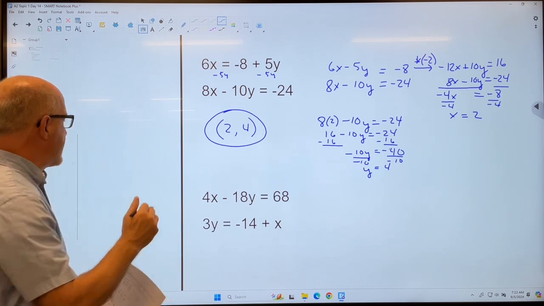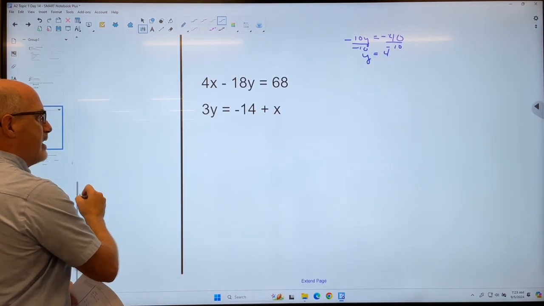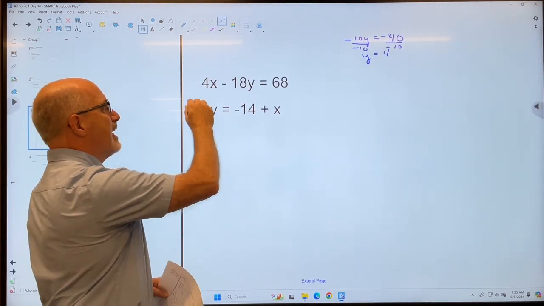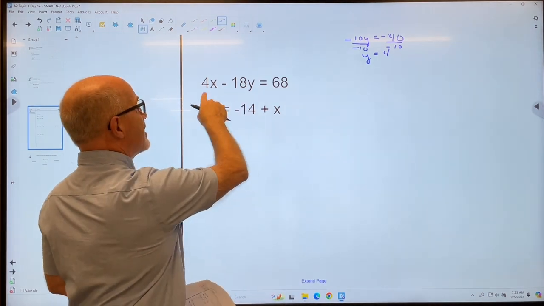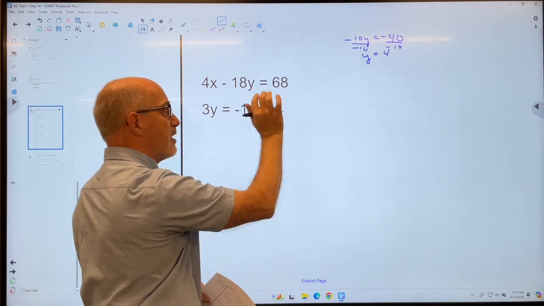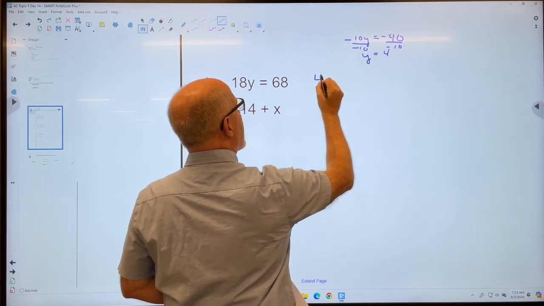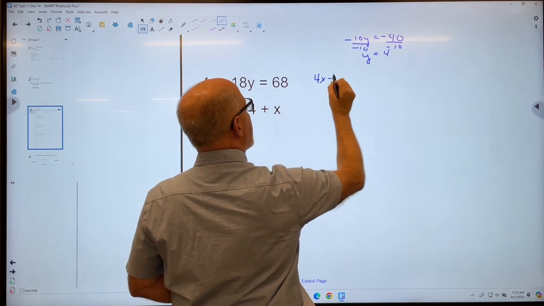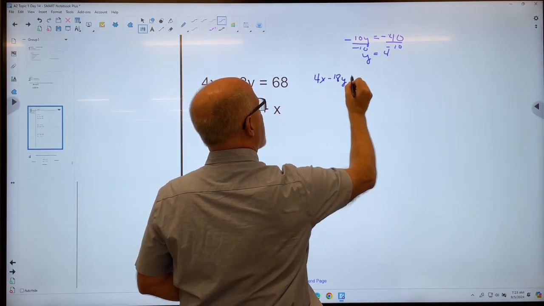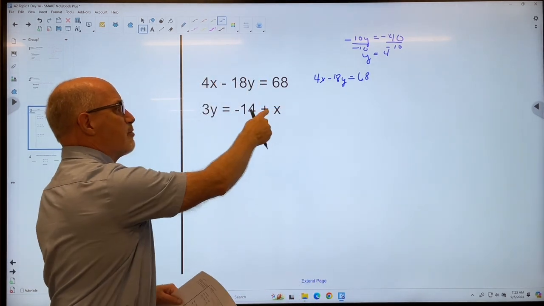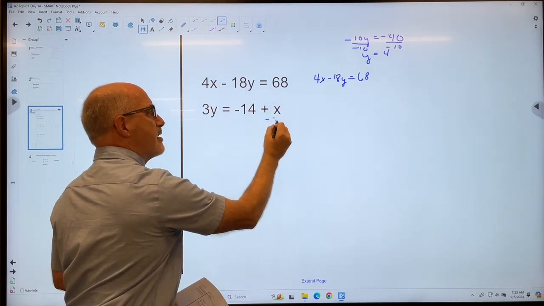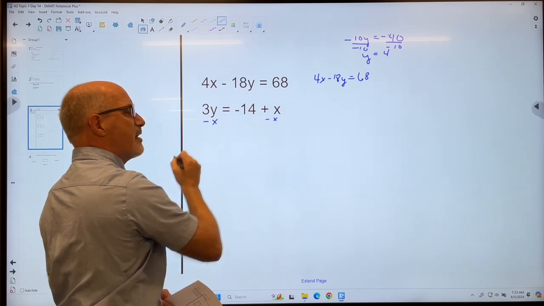All right, let's do our last example here. This example, notice that again, x's and y's are not lined up. This one has the x's and y's on the left side, so I'm going to leave it alone. So 4x minus 18y equals 68. This equation, I'm going to go ahead and subtract x from both sides in order to get the x on the other side.